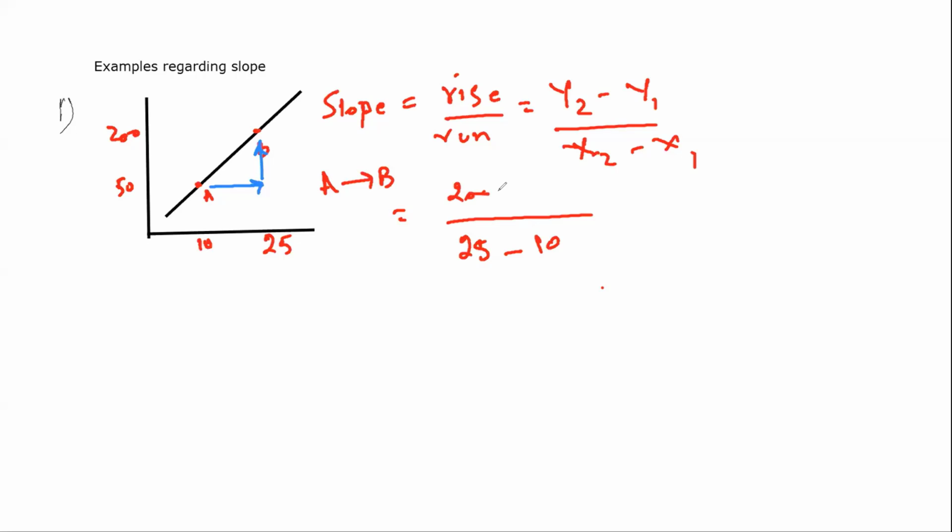So 200 minus 50, the answer will be 150, divided by 15. So the answer will be 10. This way you calculate the slope, and this is the working.